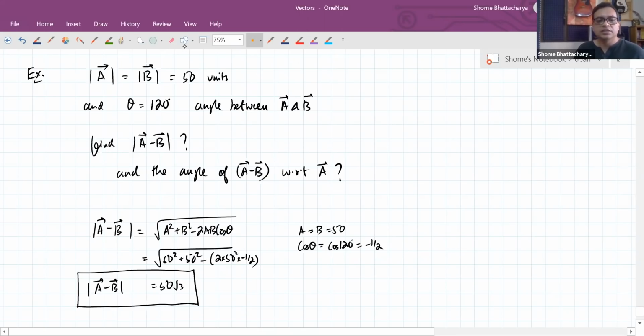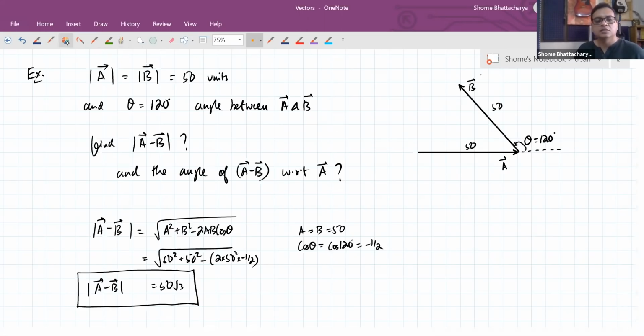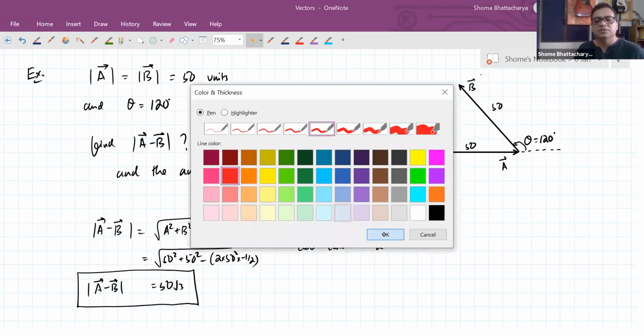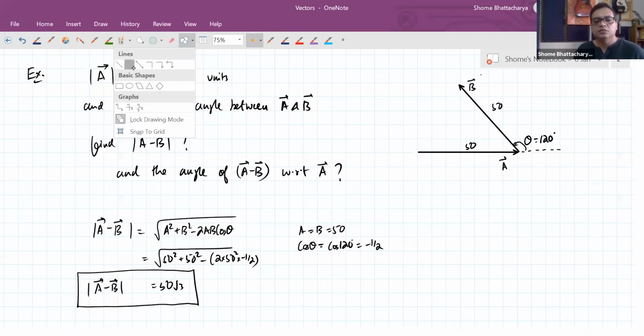You can, for example, also understand this from a vector diagram. So if this is our vector A and this is our vector B, which is at 120 degrees to it, they're both of 50 units each, and this angle theta is 120 degrees. Now remember, when we are doing the vector subtraction, we have to construct the vector minus B from the vector B. We're not adding A with B, we are actually subtracting.